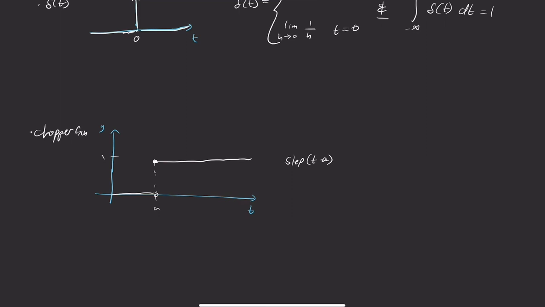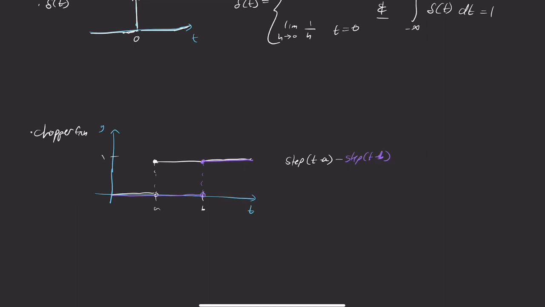Okay, great. Now what if I subtract from this step of t minus b? This step of t minus b looks a little bit like this. Until b, my function will be at 0. At b, it'll discontinuously jump up to 1 and continue there forever.